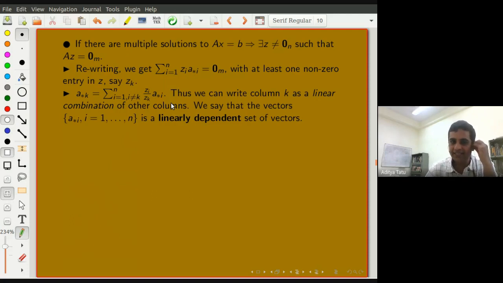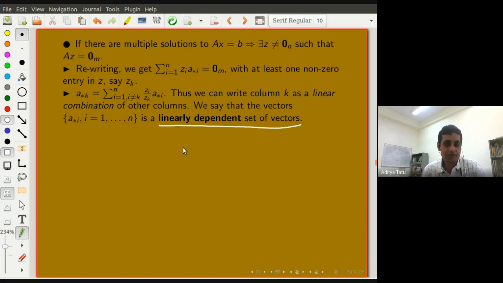So then we say that this set of column vectors, all n of them, including the kth one, is a linearly dependent set of vectors. The definition of a linearly dependent set of vectors is that even if one column vector from this set can be written as a linear combination of the remaining vectors, then that entire set of vectors is linearly dependent.